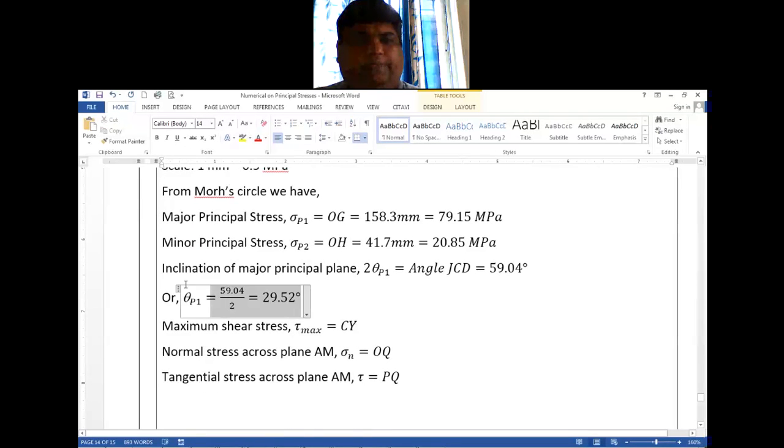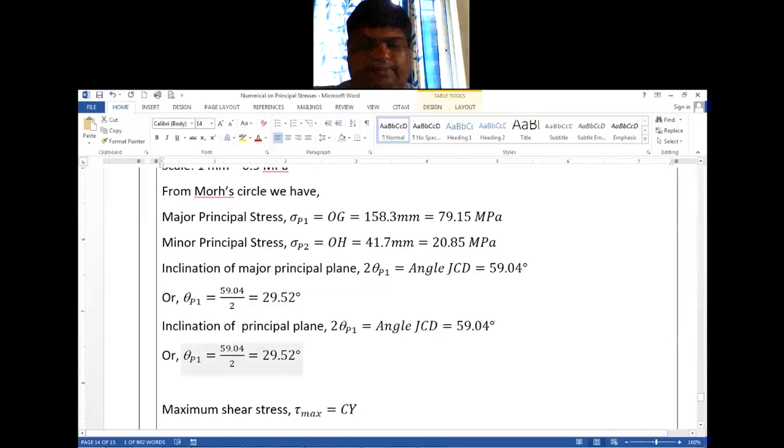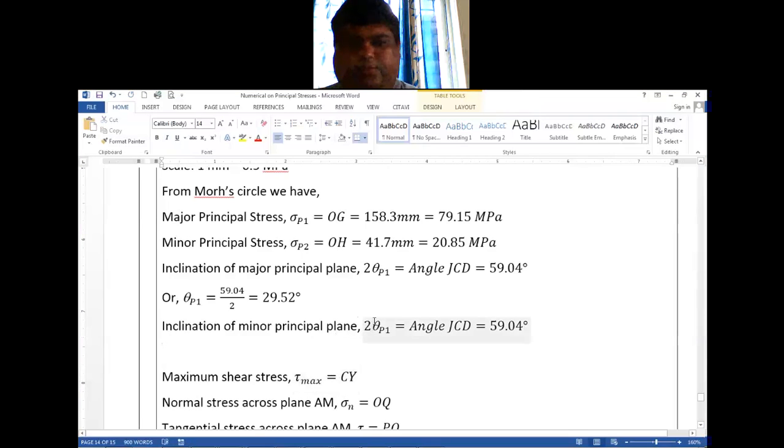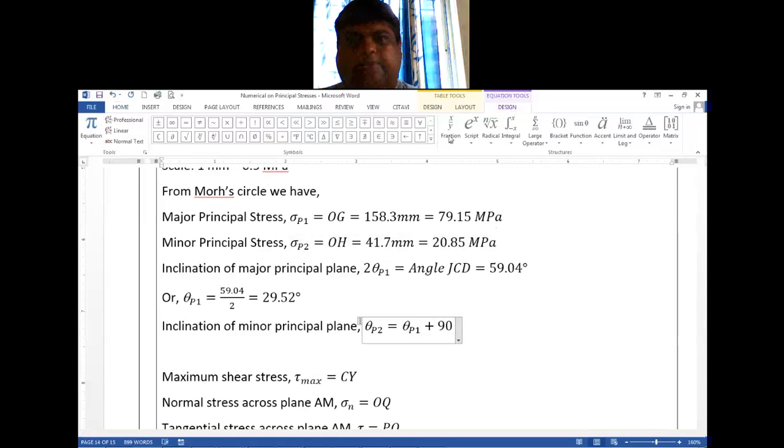Okay, so this is the major principal plane. Similarly, minor principal plane, theta p2 is equal to theta p1 plus 90 degree, right?